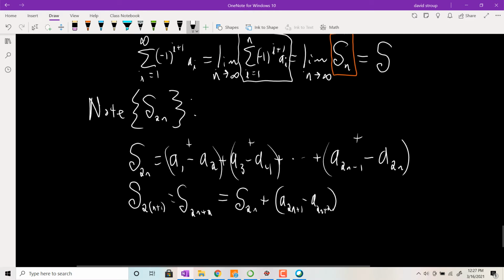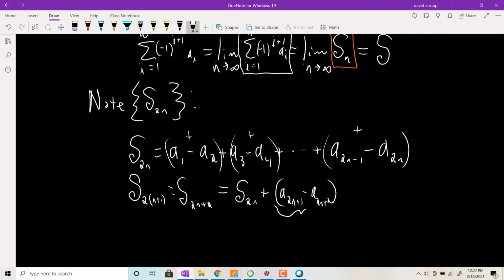This thing is positive. In other words, the sequence S sub 2n is increasing.